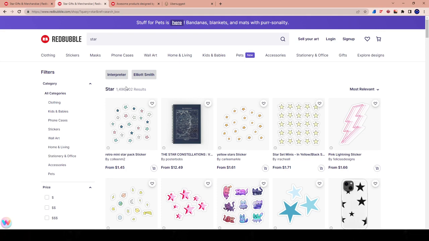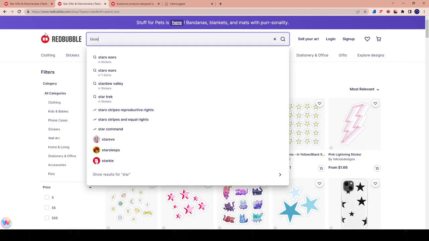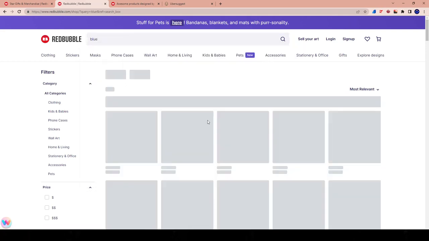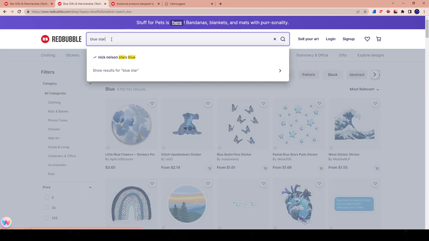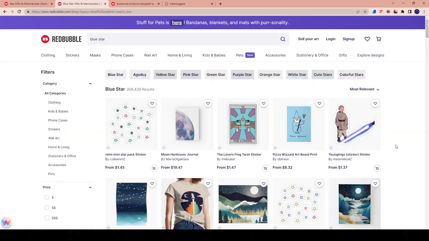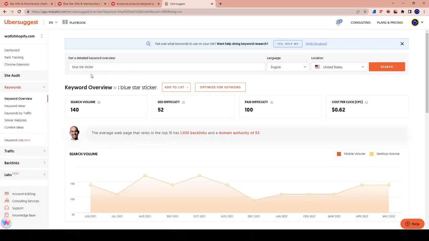The keyword star or blue star, let's just go ahead and use the keyword blue star. This is a better example. Blue star is not a trend, right? It's not a trending topic by any means. 308,000 results. If I search on Google for blue star sticker, the search volume is 140.